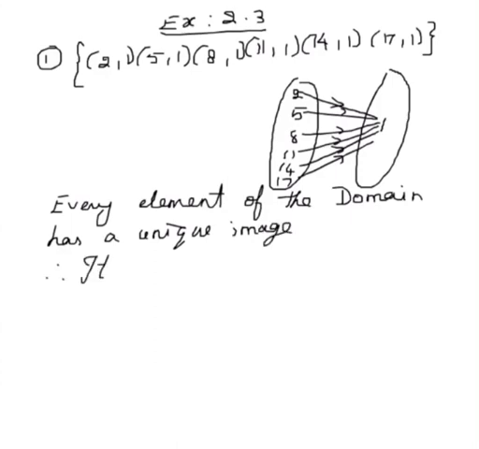Therefore, it is a function. This relation is a function. And we give a special name to this function as constant function. We have already seen. If it is a function, we have to write domain and the range.